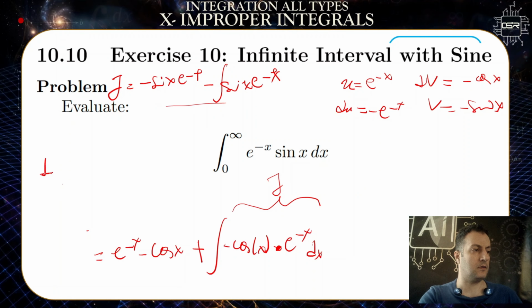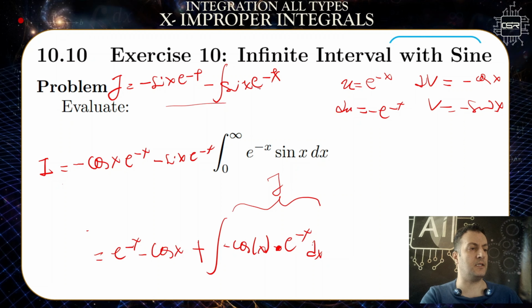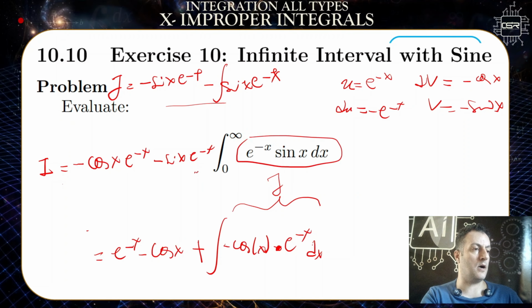So I, the main integral, is equal to minus cosine x e to the minus x plus J, which is minus sine x e to the minus x, minus the integral of sine x e to the minus x. What is the integral of sine x e to the minus x? This is I. Okay, so minus I.